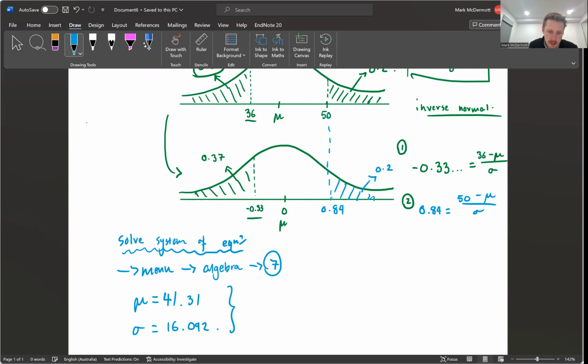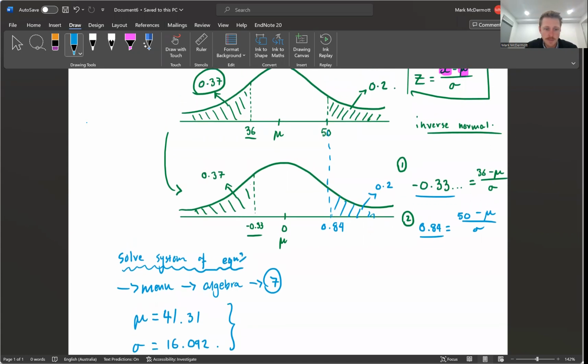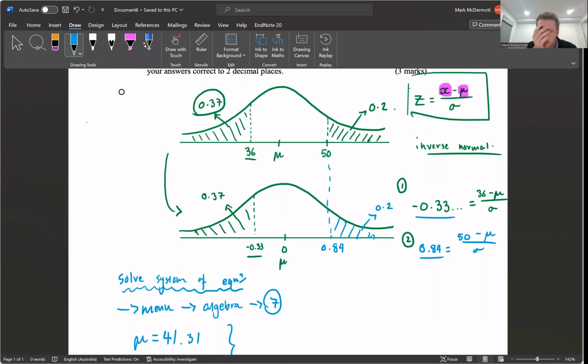Now, when I put that in, I was lazy and I used these rounded figures. If we wanted to be more precise, which we should be, we would use the actual number that the calculator spits out here. We wouldn't round it. Okay, but let's check if it makes sense. The mean for our actual, non-standardized distribution is 41.31.